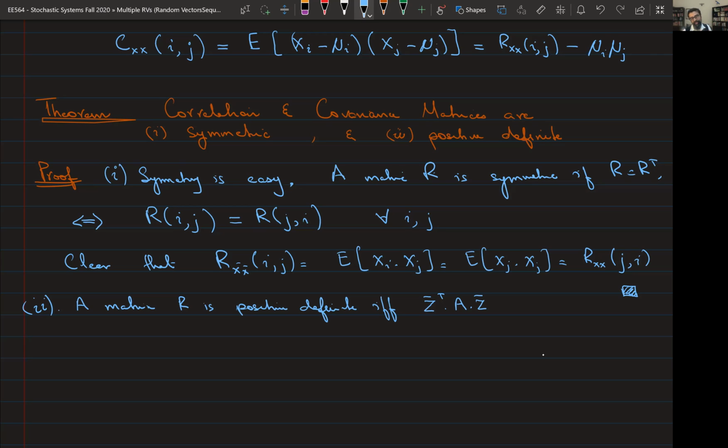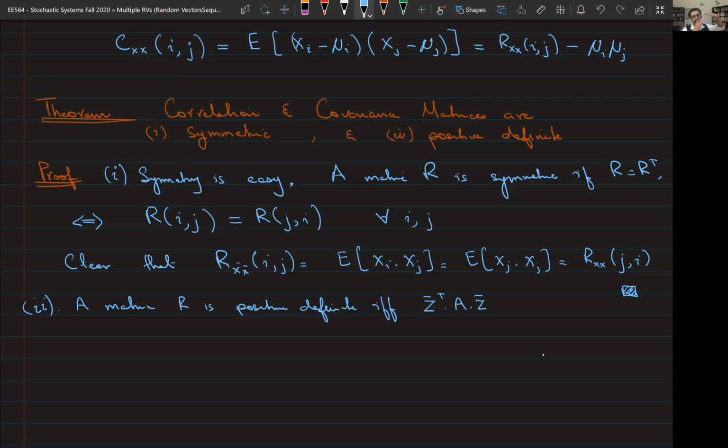Remember, A is an n cross n matrix, and this applies to symmetric matrices. Multiplying with z transpose, you get a row vector, since z is a column vector.